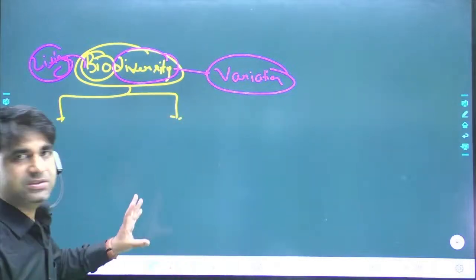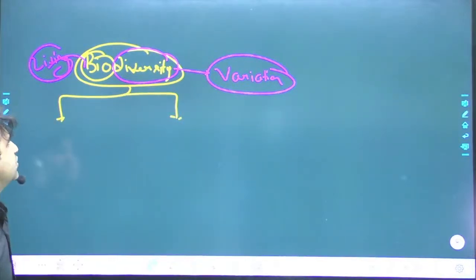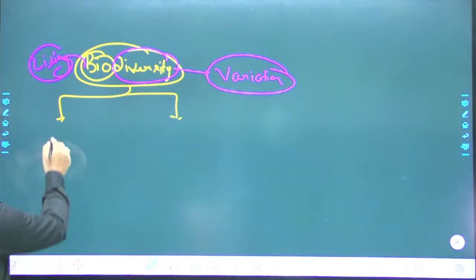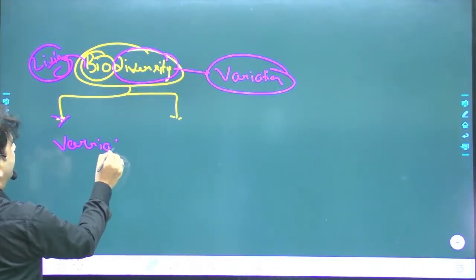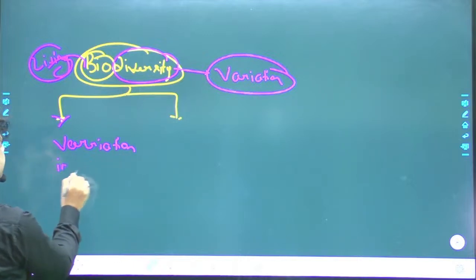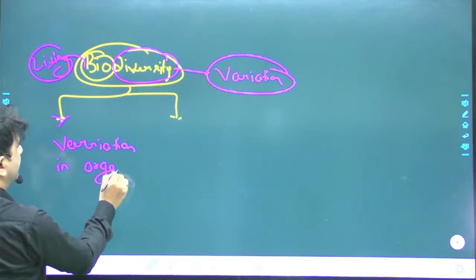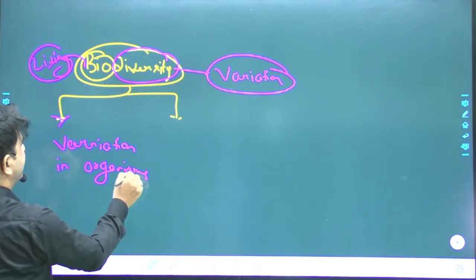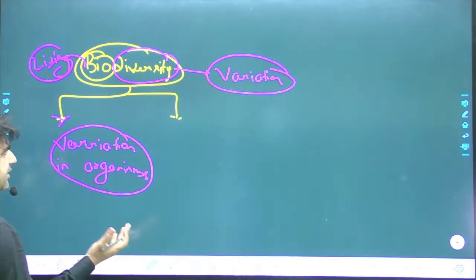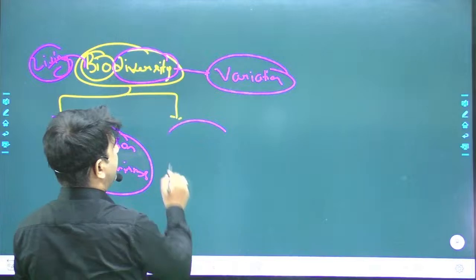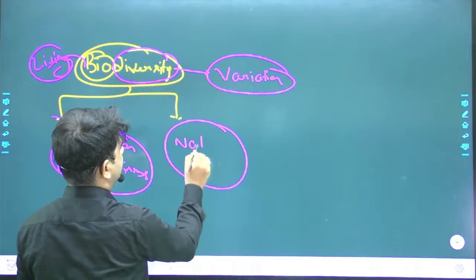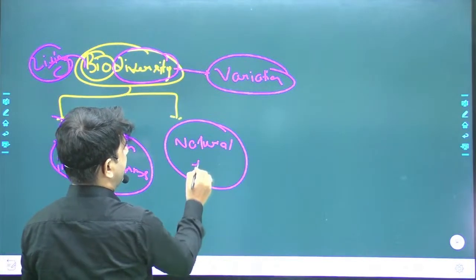The first thing is variation in organisms, and the second thing is a natural habitat.